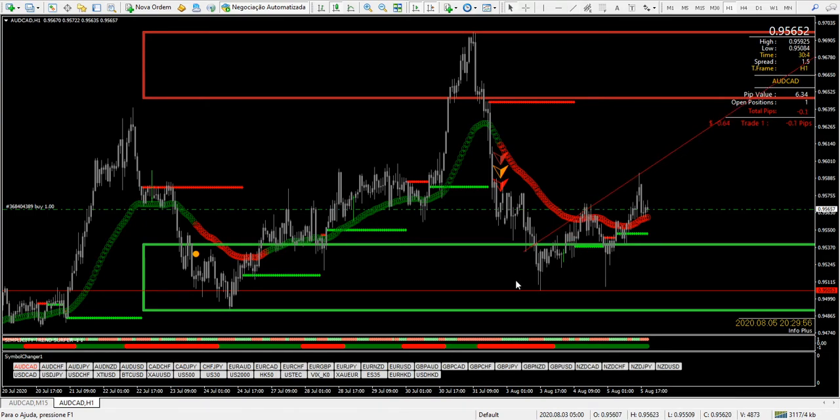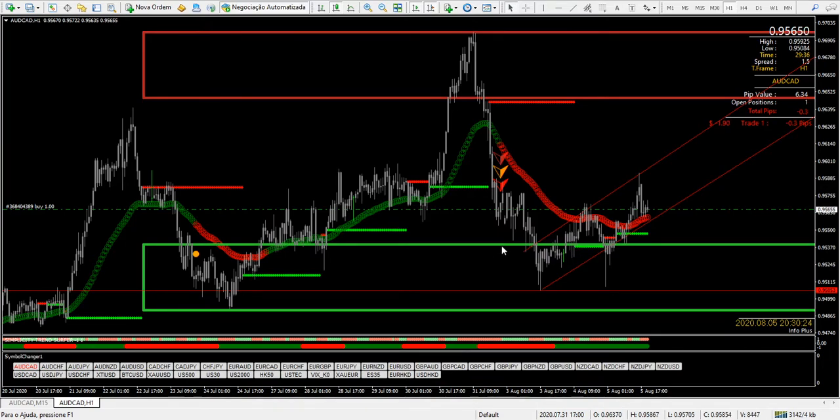It came down, then a higher high and a lower low, which means the trend is starting a buy signal. That's my analysis.